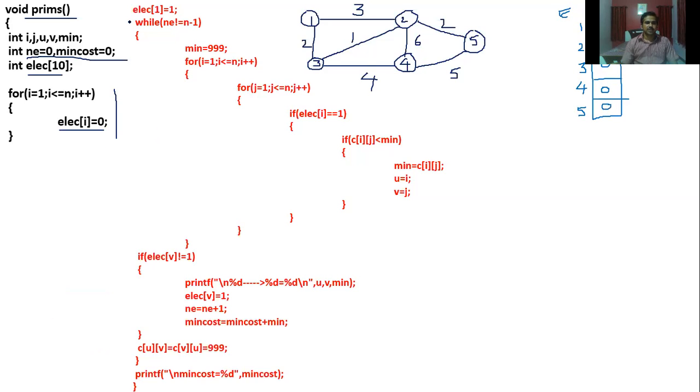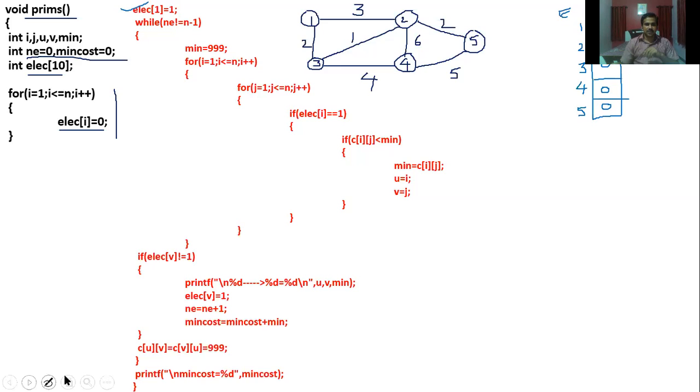Okay. After this, I'm supposed to consider any one vertex randomly. It can be any vertex. In my code, I have selected vertex 1. It can be any vertex in the given graph. That vertex should be marked as 1.